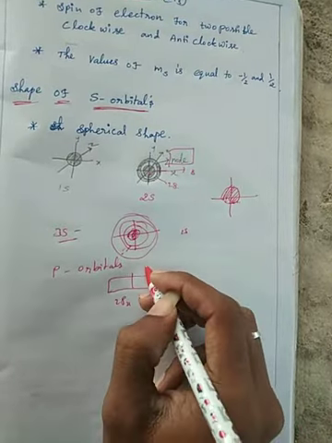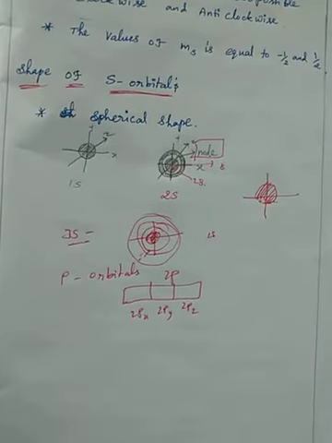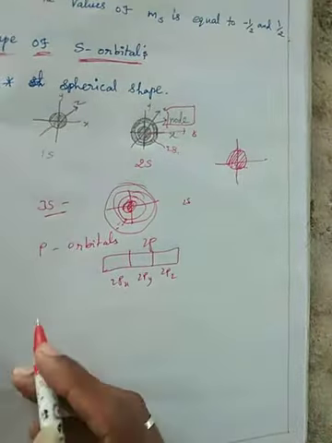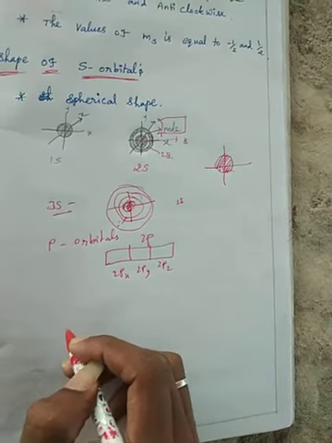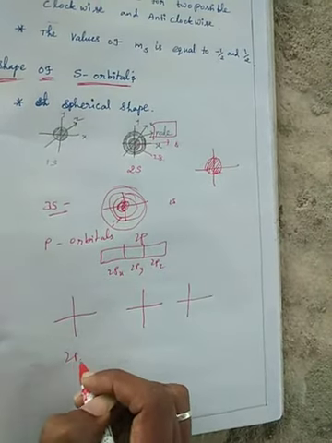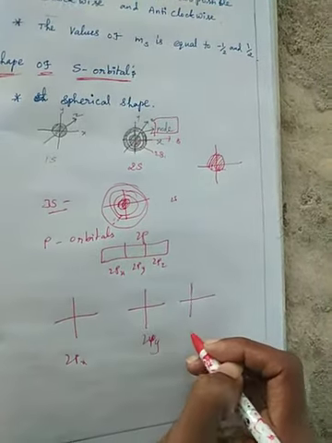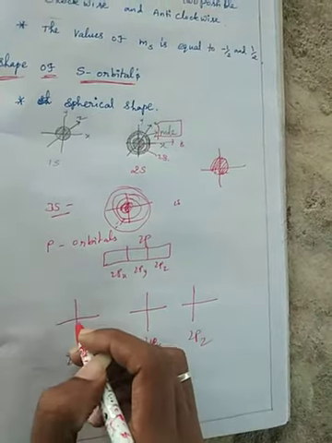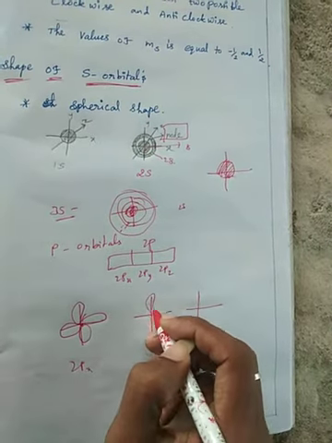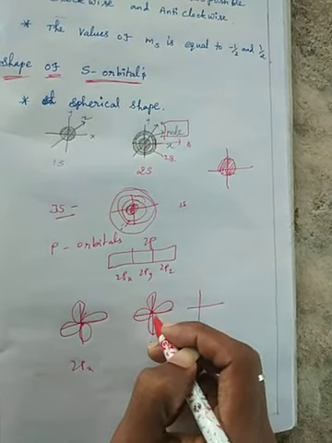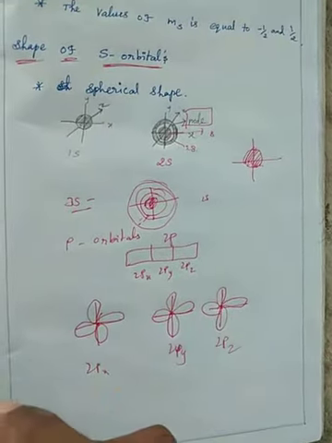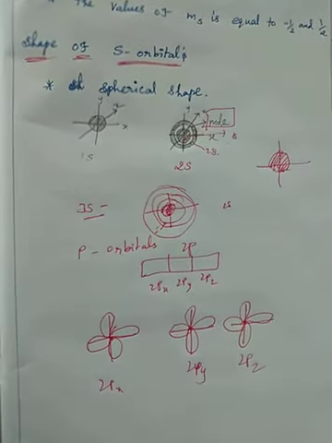The 2p orbitals are commonly used, and next you consider the same, 2px, 2py and 2pz like that. They have a clover leaf shape.